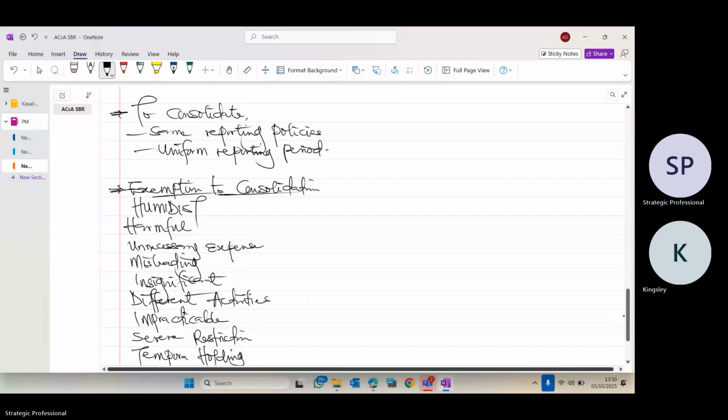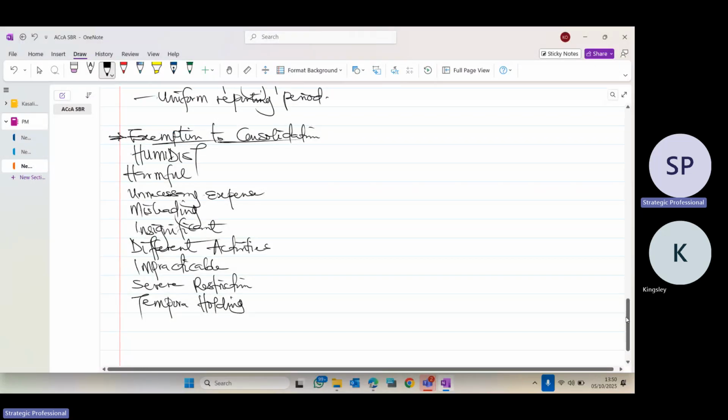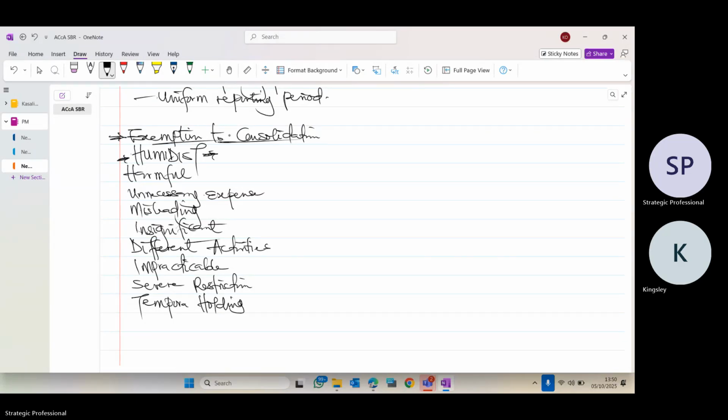So now, let's quickly explain this acronym. Not in all situations can a company that owns another company consolidate. A situation where they do not meet the criteria to consolidate, they are not going to consolidate, they are going to prepare separate financial statements.